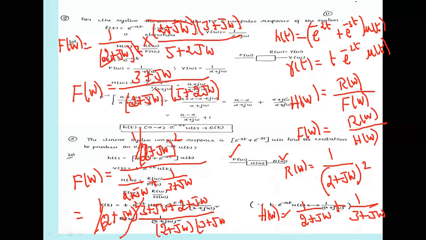5 plus 2j omega. So we have the function, the 3 plus j omega and the 2 plus j omega here. Simplify this or apply the partial fraction expansion method. Find the A and the B values, and then you can apply the inverse Fourier transformation to get the F of t.